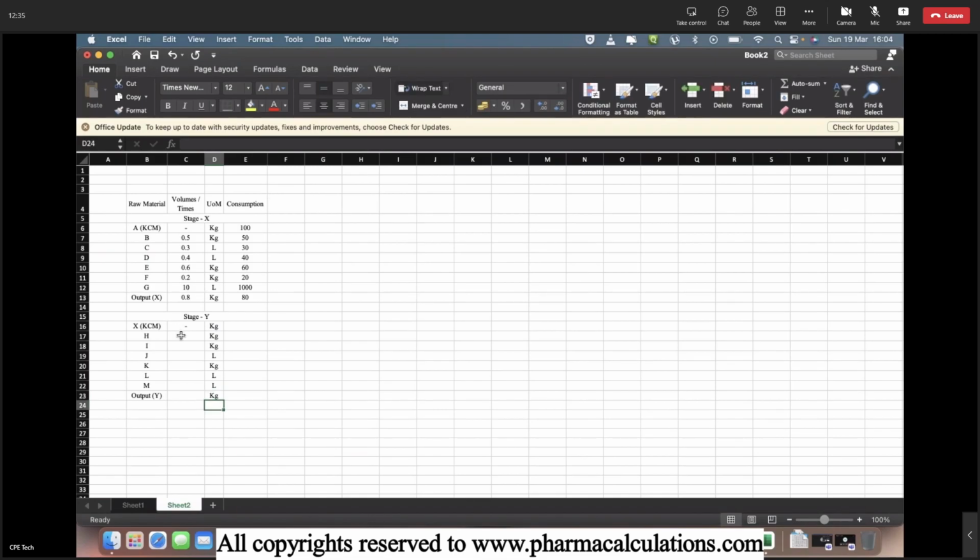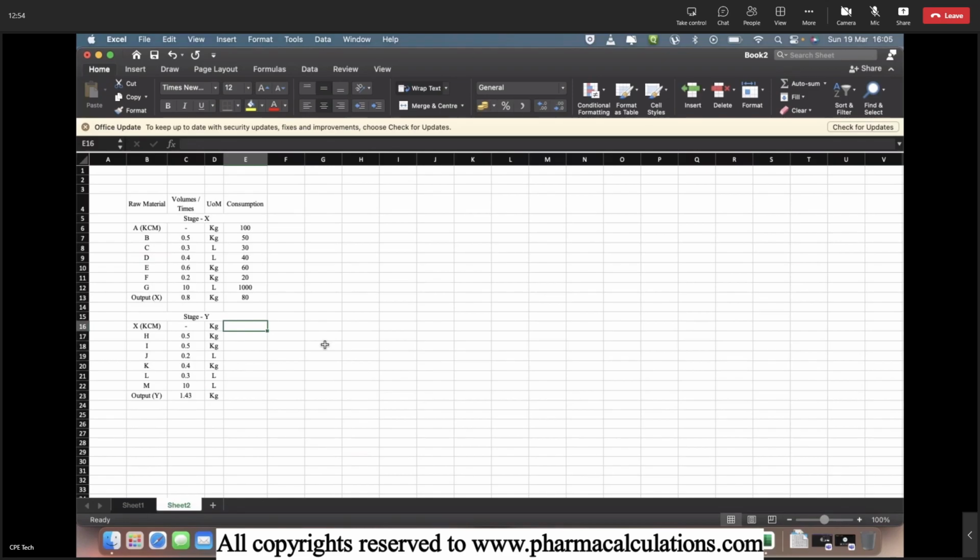And let's say the ratios are going to be 0.5. So these are only considerations. 0.2 and 0.4, 0.3 and 10. And for this output, let's say the yield factor is going to be 1.43 times.